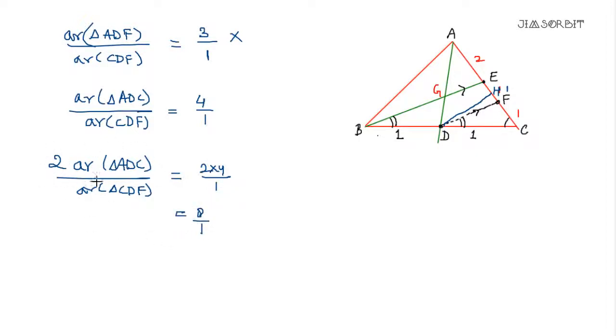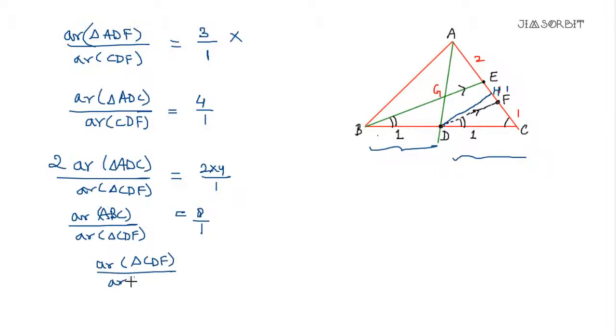Now ADC and ABD have the same area, so if I double this area, it will be the ABC area, correct? So we will have area ABC upon area CDF, or the reciprocal, which was asked in the question, CDF upon area ABC, will be equal to 1 by 8. This is the answer of the third part.